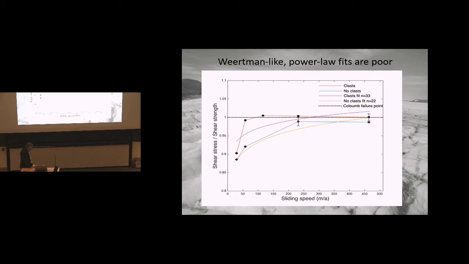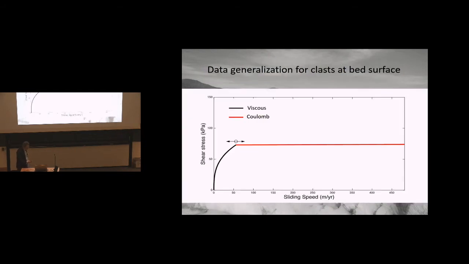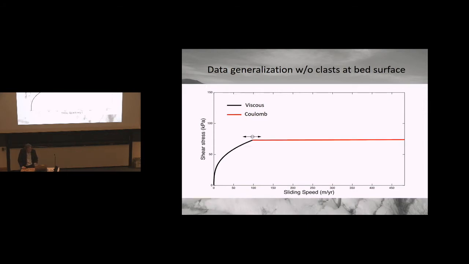And so what we favor is an explanation like this, which, to some extent, I've already explained. We have rate strengthening behavior up to some transitional slip speed, at which point the drag on, in this case, clasts at the bed surface is enough to get them plowing, so that we're operating at the Coulomb strength of the till bed. And then when we take away those clasts, we have the same kind of behavior.